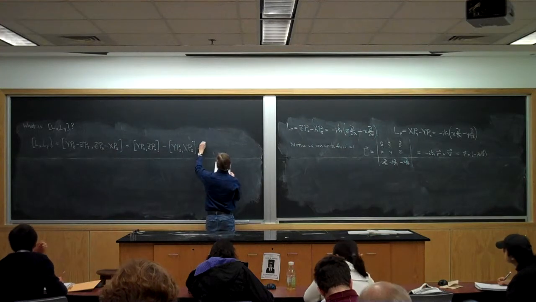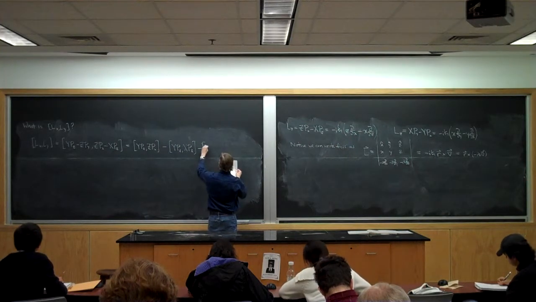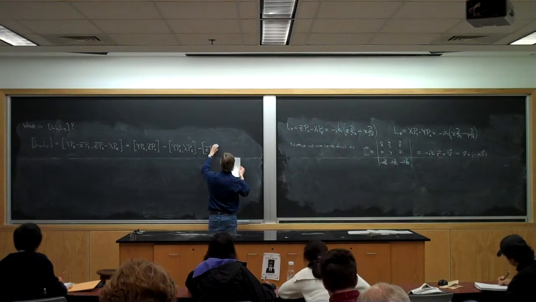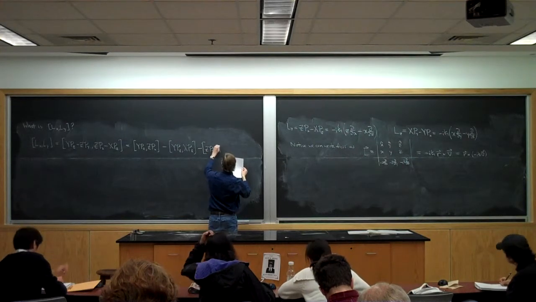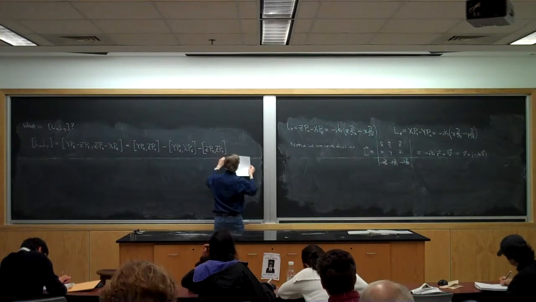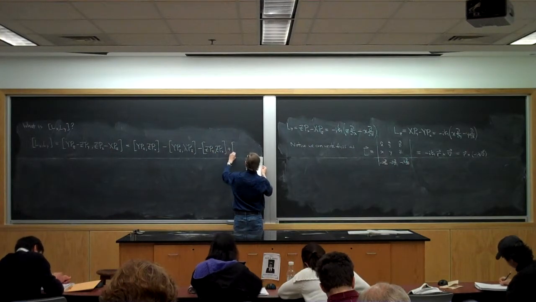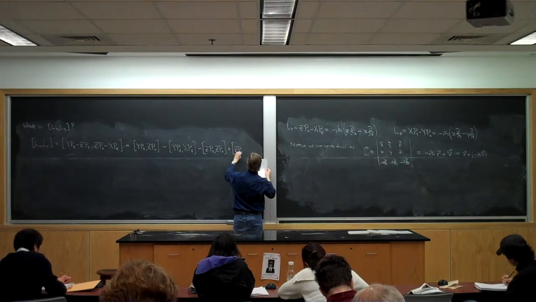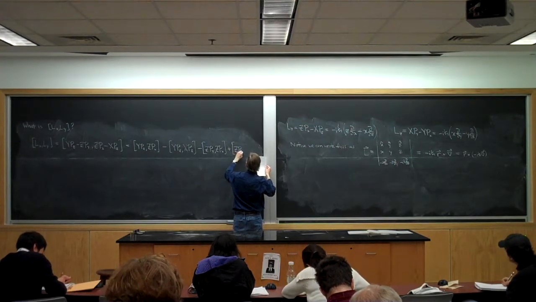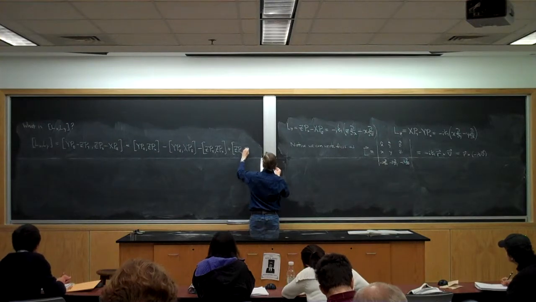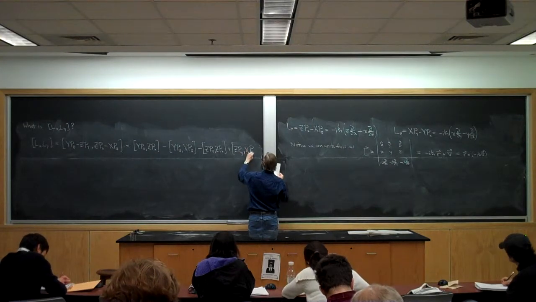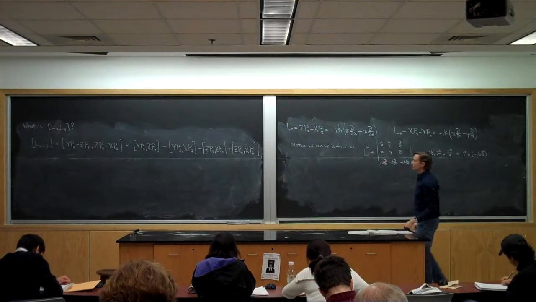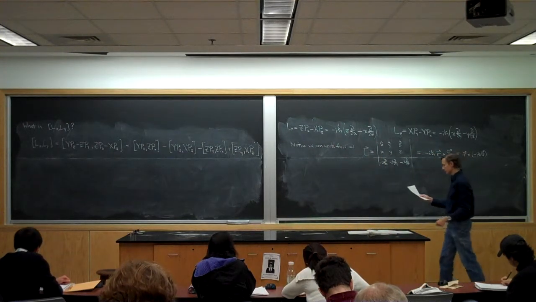So then there's also minus ZPy, commutator of ZPy and ZPx. And then plus commutator of ZPy and XPz. So that breaks into 4 commutators.